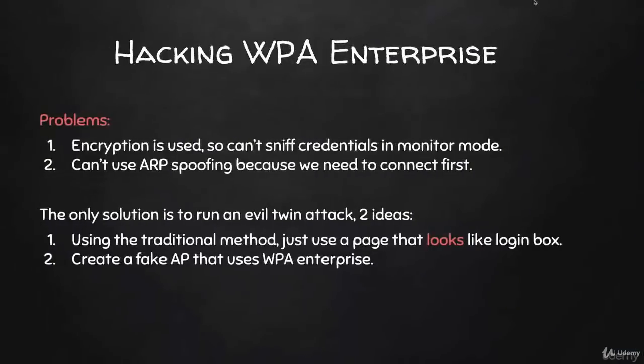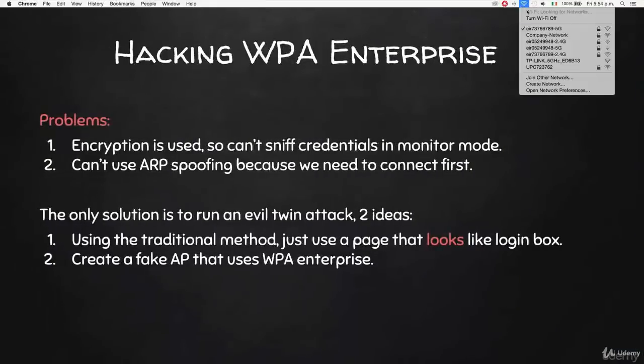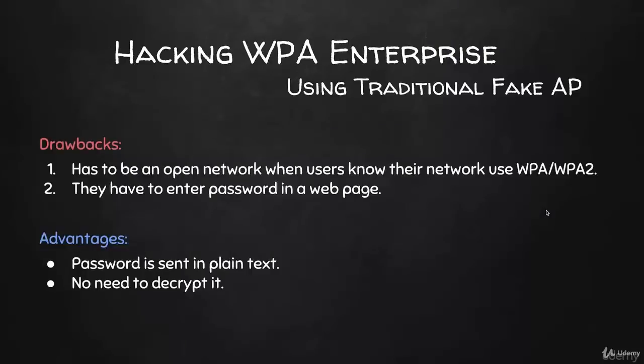Also in OS X, if you look at the network name here on the top, you'll see there's a lock beside it. Now, as you remember, when we were creating our fake access point, it has to be an open network so they can connect to it and then authenticate. Therefore, the traditional method of doing this is good, but it might not fool all users.